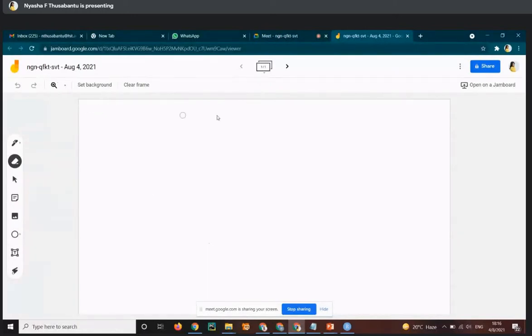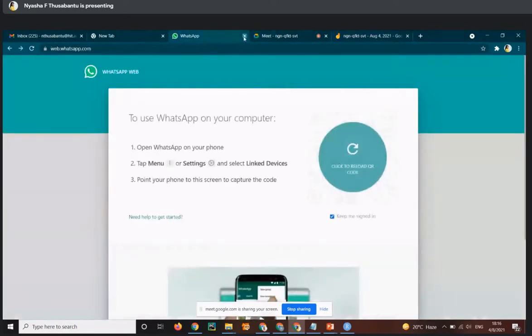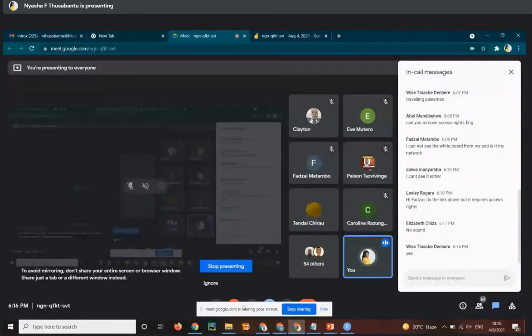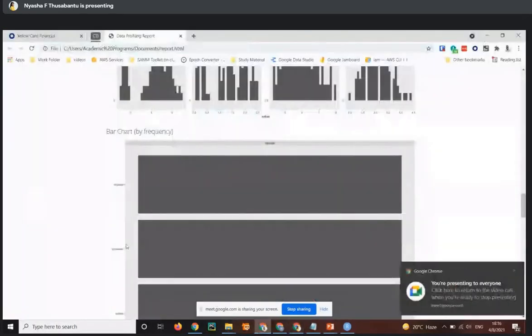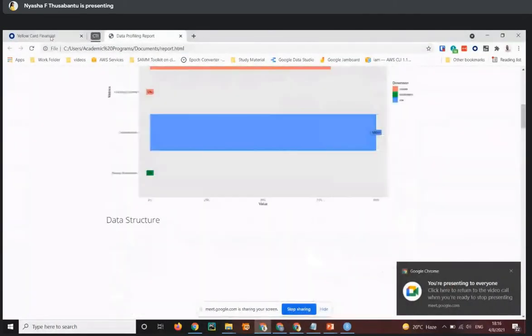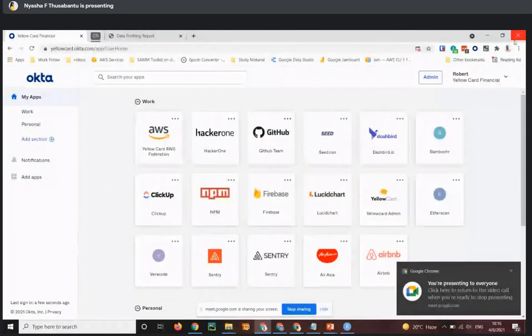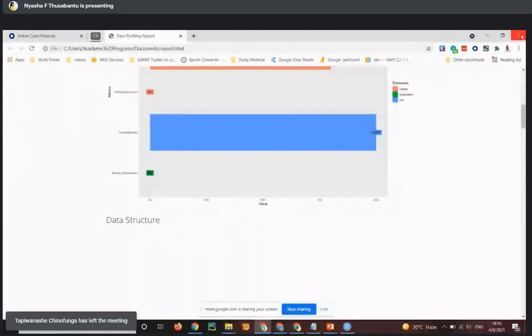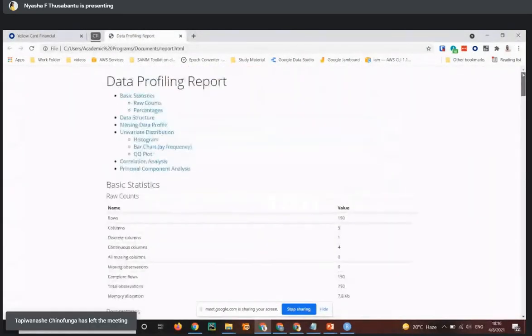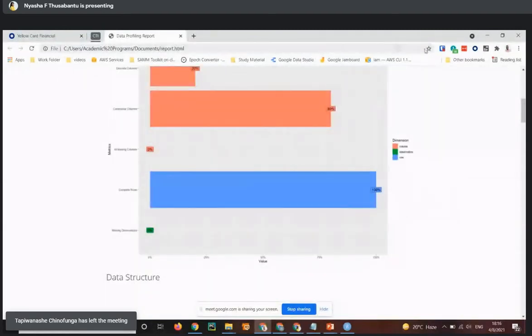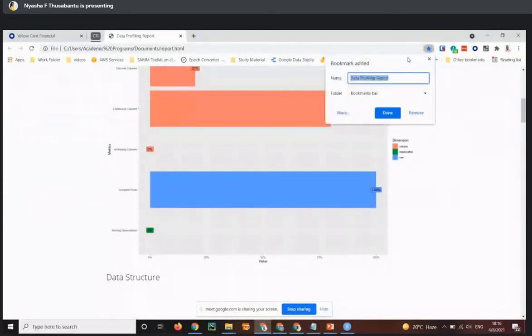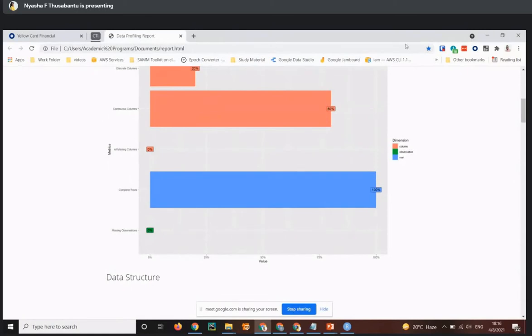You know, I always avoid sharing my entire screen because things will just pop up. Sorry, let me just try and close things here. Just a second.